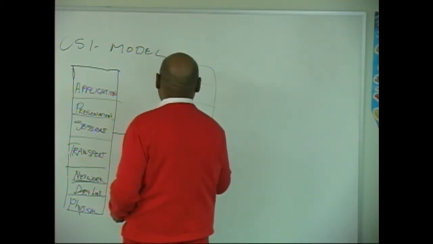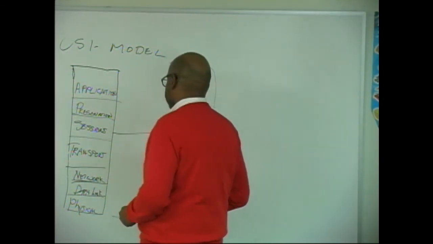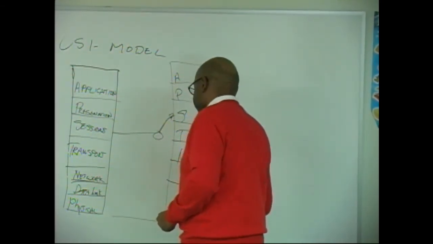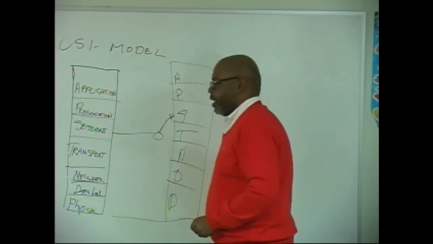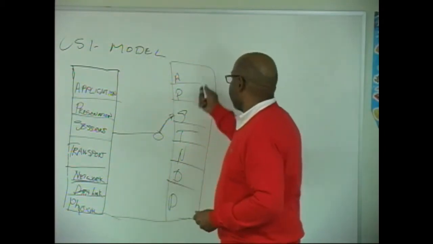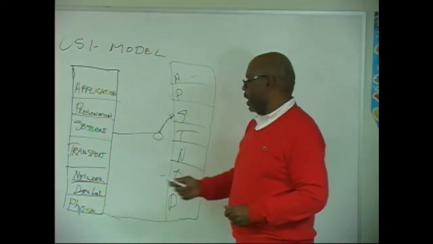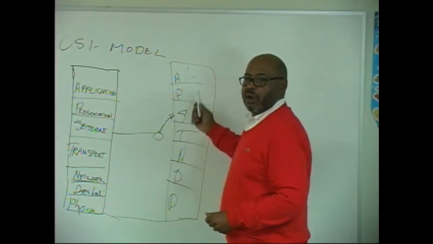They automatically connect, and then the transport layer. Then you have the network layer, the data link, and then the physical layer. If any of these is broke, it's not going to talk over here. If this link is broke, it's not going to talk anywhere.